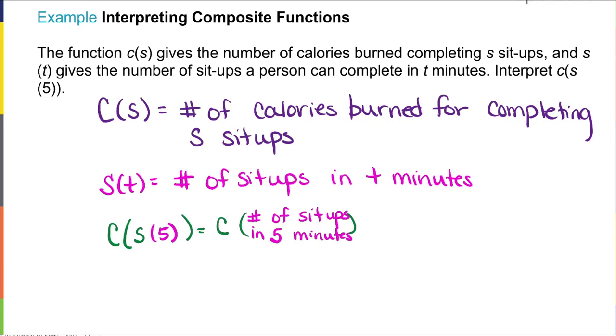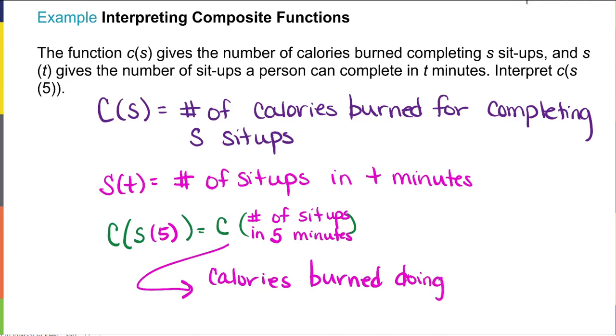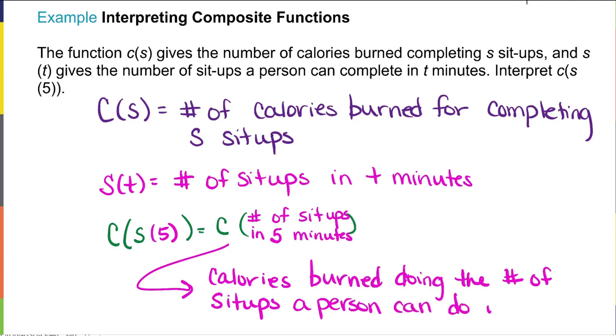And then c of s is the calories burned. So this represents the calories burned doing the number of sit-ups a person can do in 5 minutes. Okay.